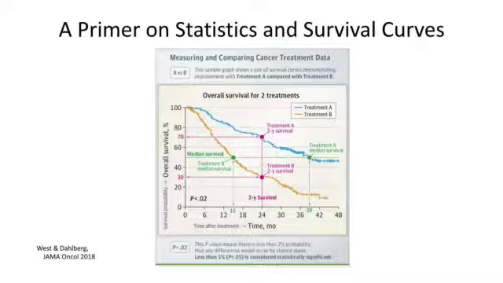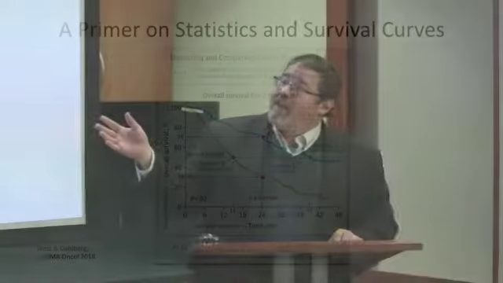This is from what we call a patient page in JAMA Oncology. I've actually brought down copies for anyone in the live audience who wants one. It's on the table. And for people who are watching online or anyone who isn't in the room, you can just find this online by doing a search for JAMA Oncology patient page with the name of West and Dahlberg and statistics clinical trial endpoints, and you'll find this and you can download it.